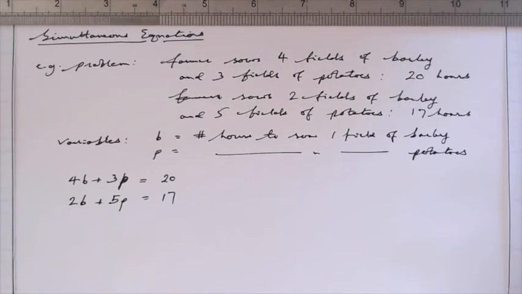Just as a rule of thumb in maths, you generally need to have the same number of equations as unknowns in order to solve for those unknowns. It's not always the case, but as a general rule.